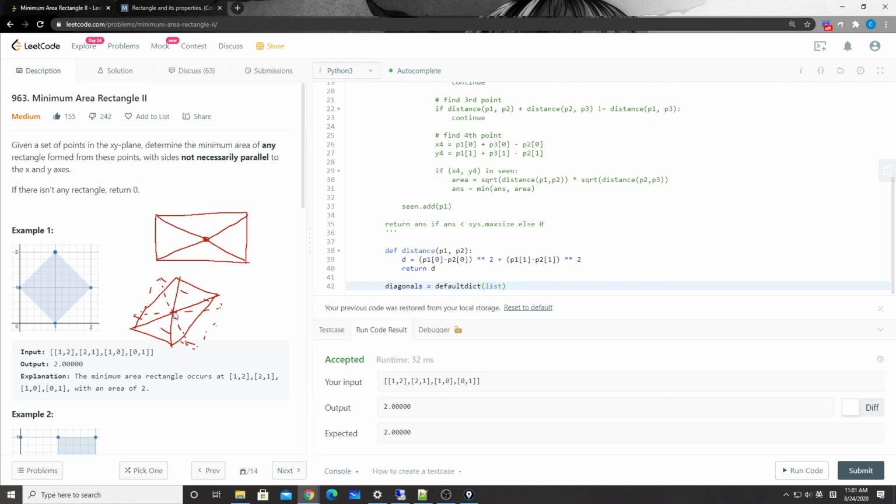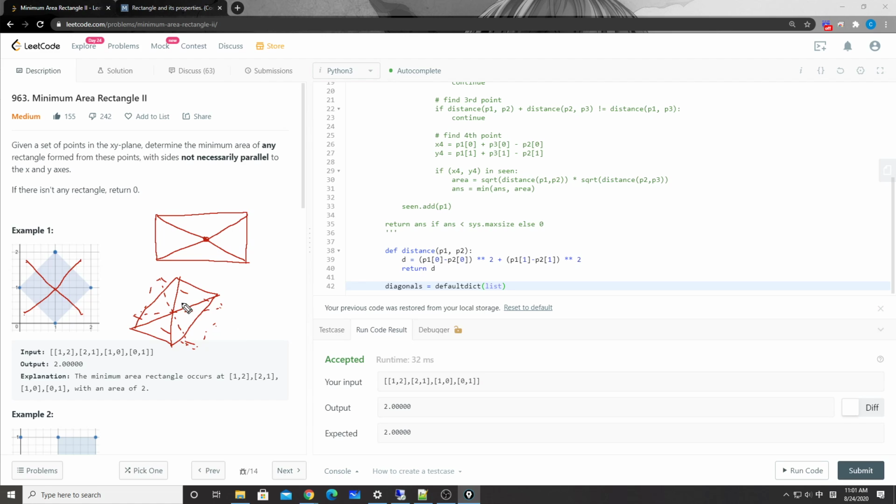Because with the same center point and also the same length, we might have different pairs of nodes. For example, if we also have nodes somewhere here, here, here, and here, then those two pairs of nodes will have the same center point and the same length of diagonals.